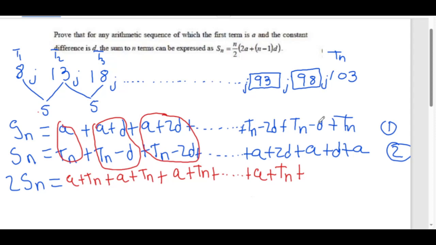As you see, we have a plus Tn, a plus Tn, until the last term. If I make an example, 2 plus 2 plus 2 plus 2 plus 2 plus 2, how many 2's do we have?